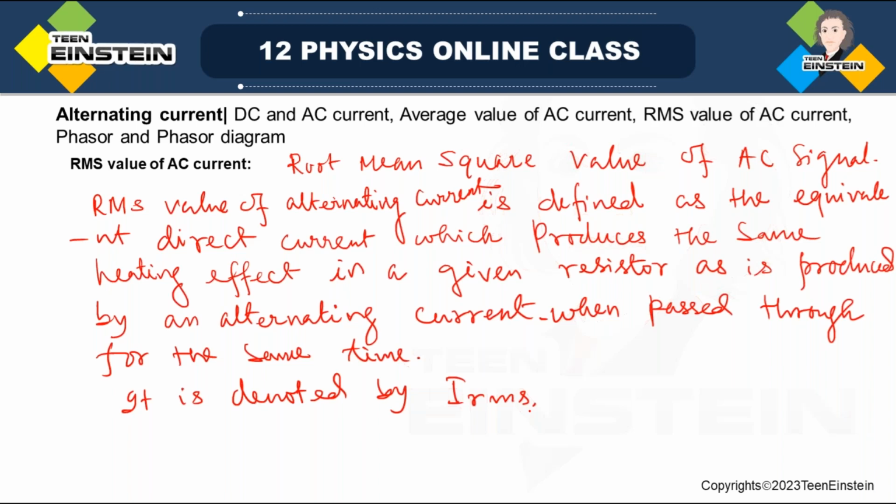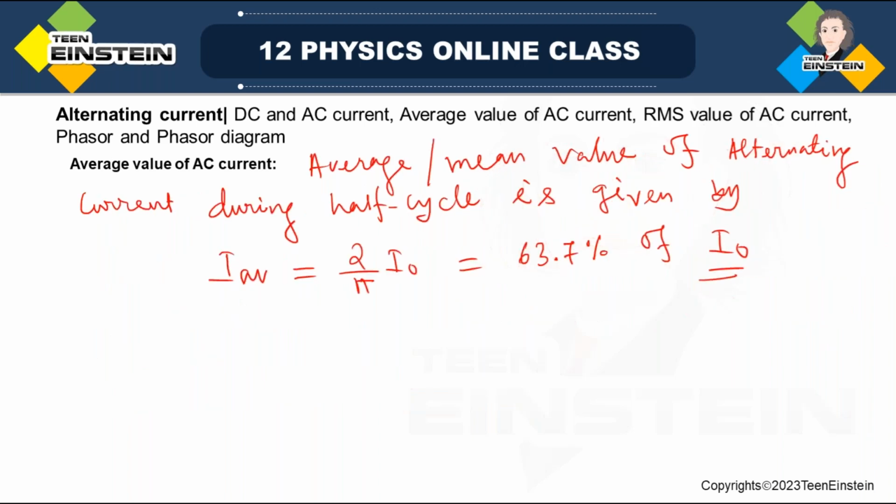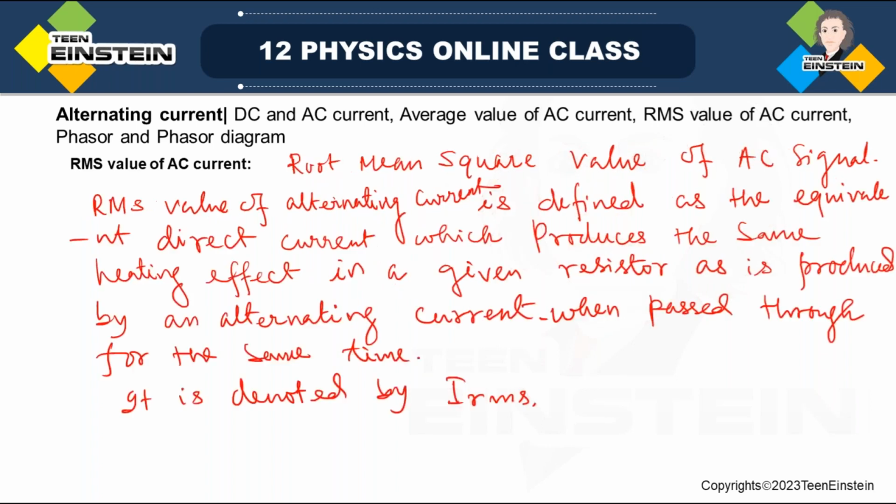So let us derive the relation. In the case of average in half cycle, we have seen the average means 2 by pi times the peak value. So is there any relation between the RMS value and the peak value? Let us find out.